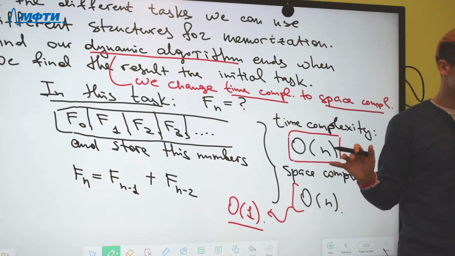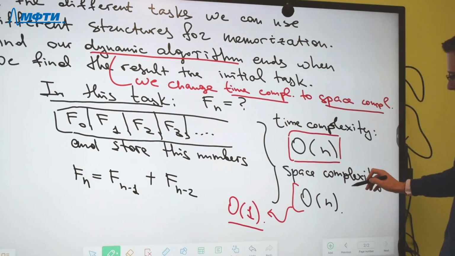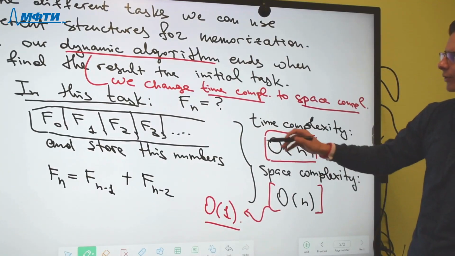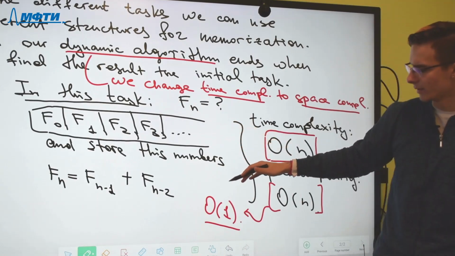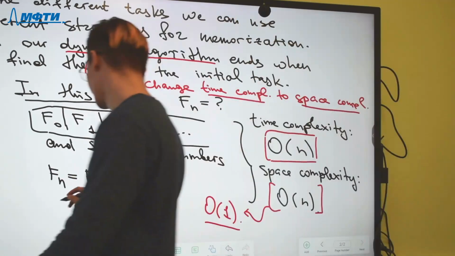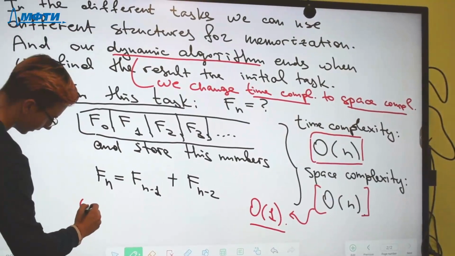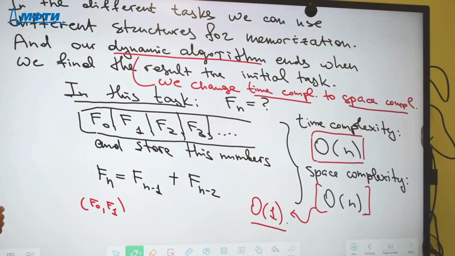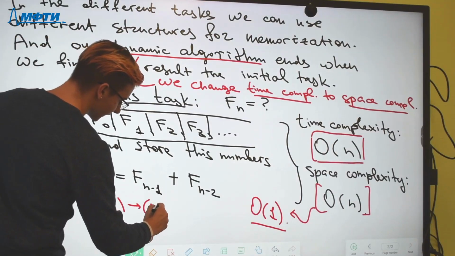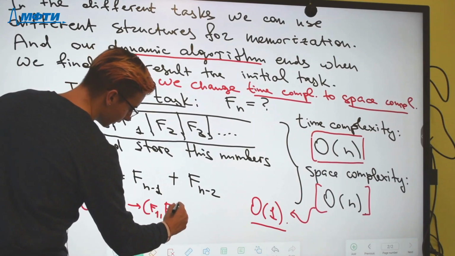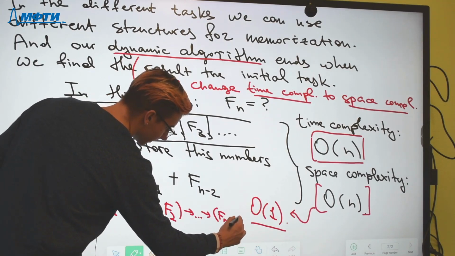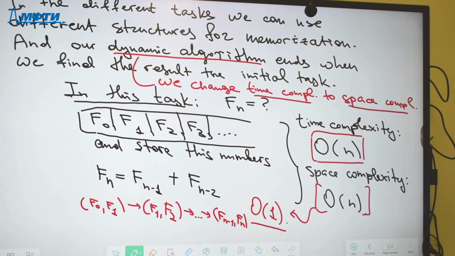So in this task, you are right that we do not need to store all of these Fibonacci numbers, only a pair of two Fibonacci numbers. We first store these two, then replace them with the next pair, and so on, and finally we get the pair we need.